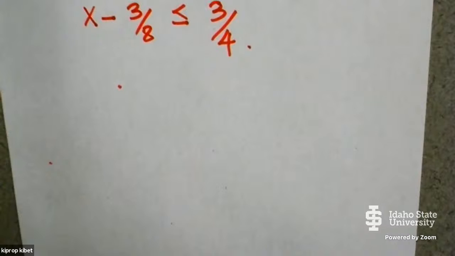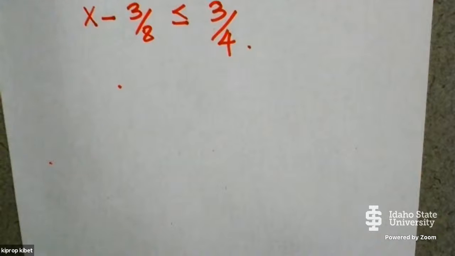What you do here is make sure the unknown, the x value, is on one side, and the other values are on the other side.